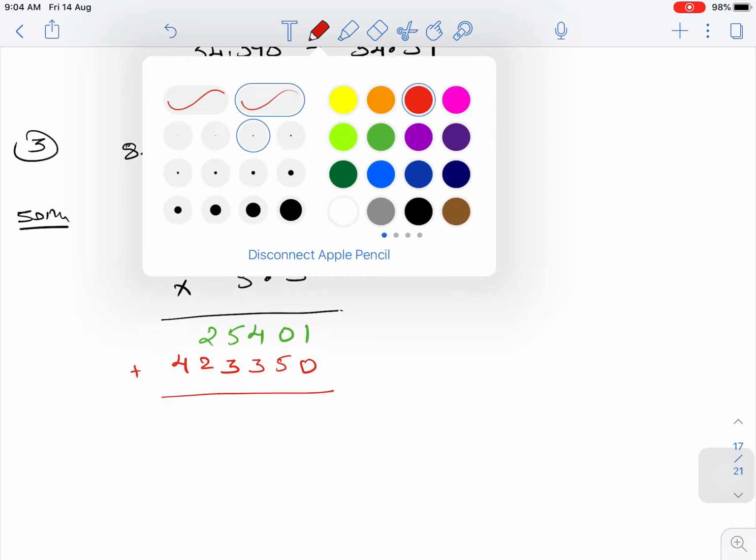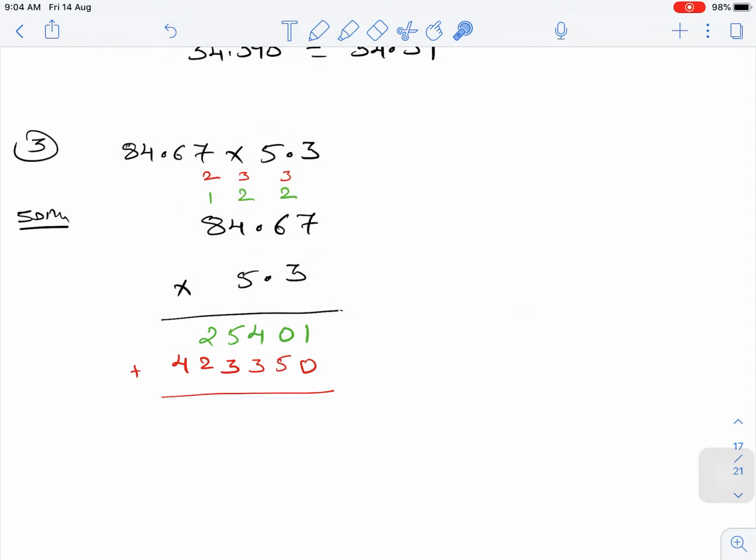Now we are going to add these numbers. 1 plus 0, it will become 1. Then 0 plus 5, so it will also become 5. 4 plus 3, so that is 7. 5 plus 3, that will be 8. 2 plus 2, so that will be 4, and the last number is our 4.